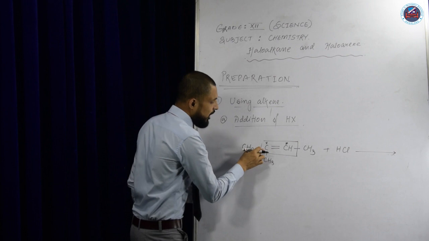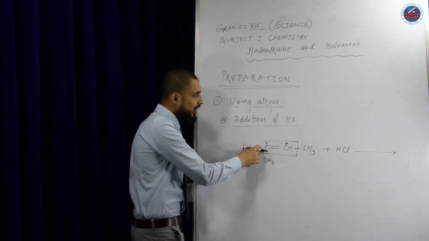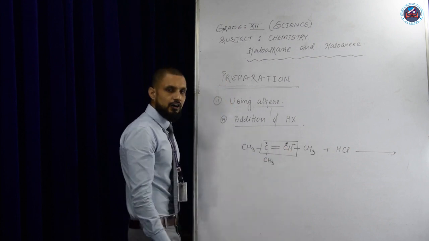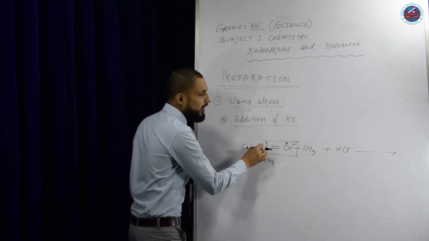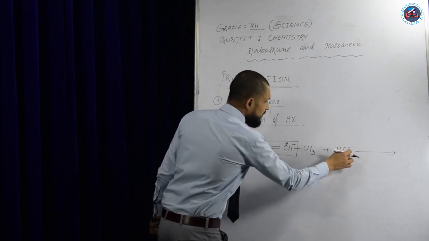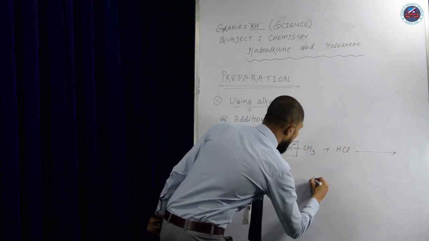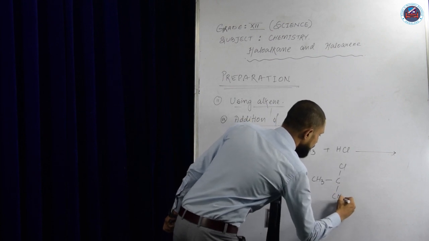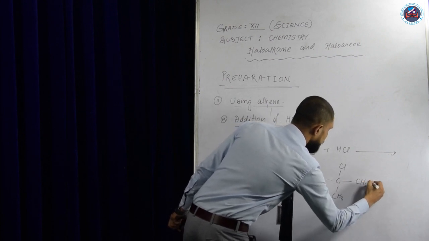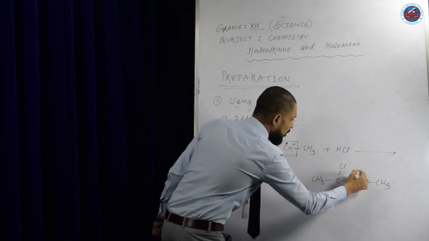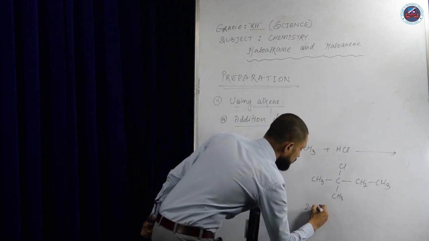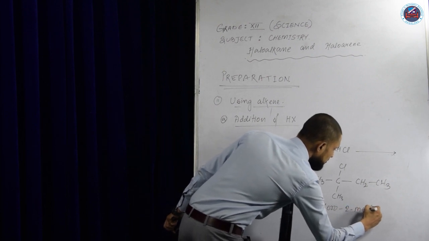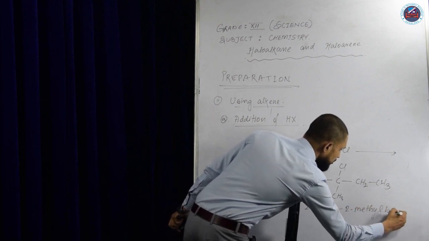Now, you see this carbon has no hydrogen. This carbon has one hydrogen. So according to Markovnikov rule, this carbon will get the negative part, that is Cl. So the major product formed will be CH3 C Cl CH3 single bond CH2 CH3. And the name of this product is 2-chloro-2-methylbutane.